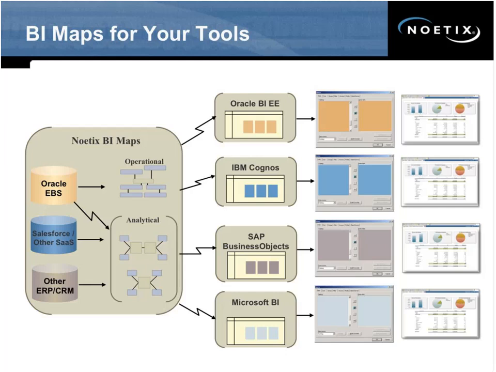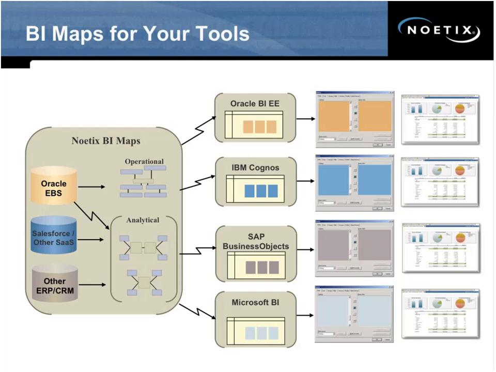For each of these, Noetics provides automatic integration of our data models. So we have a set of products called the Noetics Generator products that take those data models and automatically load them into the semantic model for those BI platforms. So those semantic models have names like universes in Business Objects or the Enterprise Information Model or the RPD file for OBIEE.